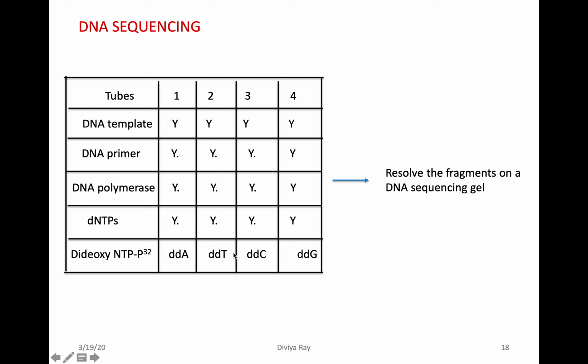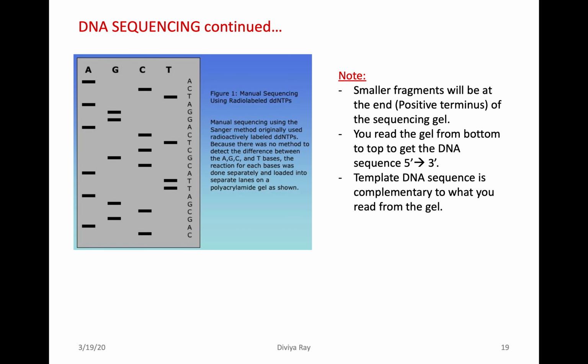So let's say tube 1 has ddA, tube 2 has ddT, tube 3 has ddC, and tube 4 has ddG. So you let the reaction proceed, and then you get DNA fragments of different sizes, and you resolve these fragments on a DNA sequencing gel.